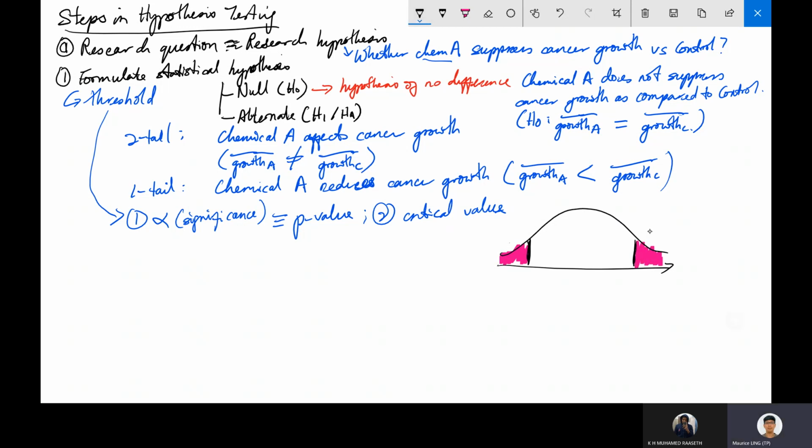The two shaded regions each are 0.025, a two-sided test. So both of them add up to alpha equals 0.05, the total shaded area. That is the p-value.